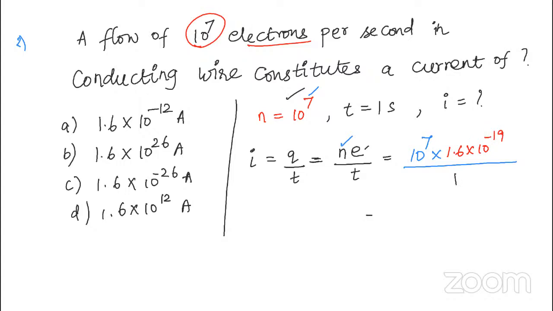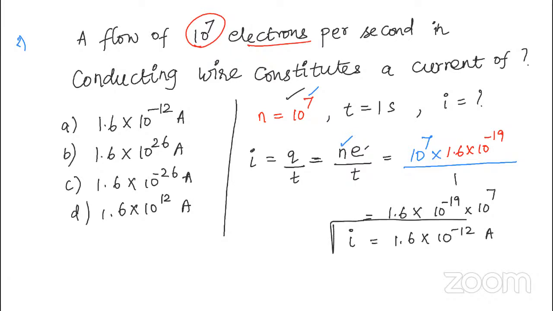So here 1.6 into 10 power of minus 19 plus 7. So 1.6 into 10 power of minus 12. Here it is the current value, so you put the unit, that is ampere. So this is option A. A is the right one.